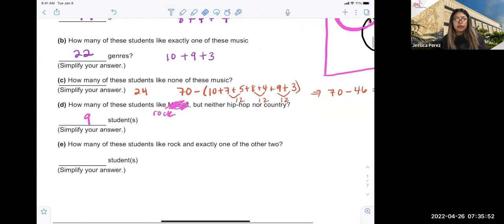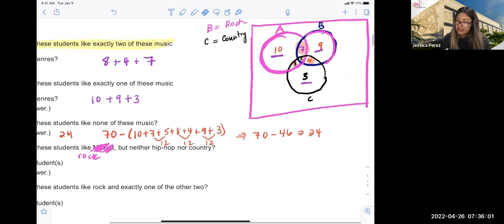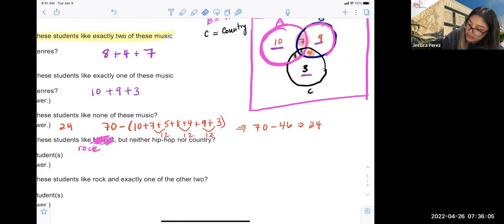How many of these like rock and exactly one of the other two? So then they like rock and exactly one of the other two. So either you can be 9 plus, because they're counting the people that like rock, plus exactly one of the other two.